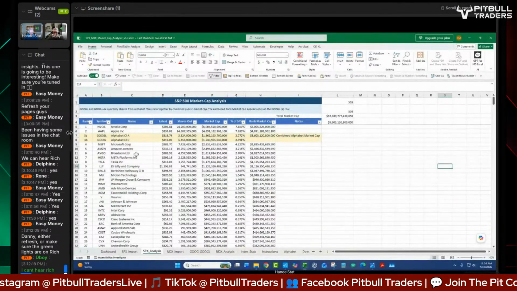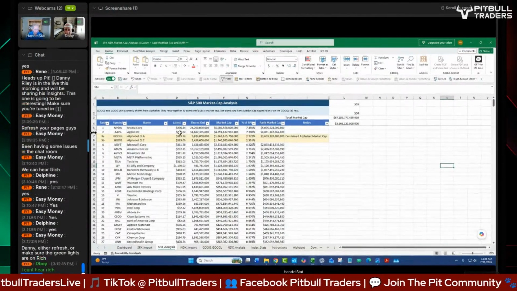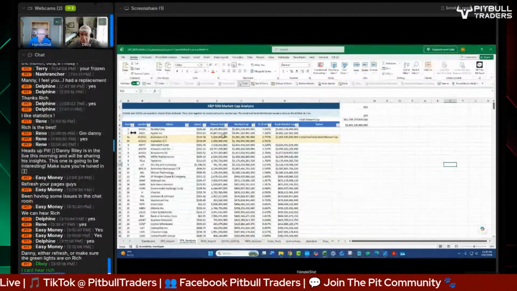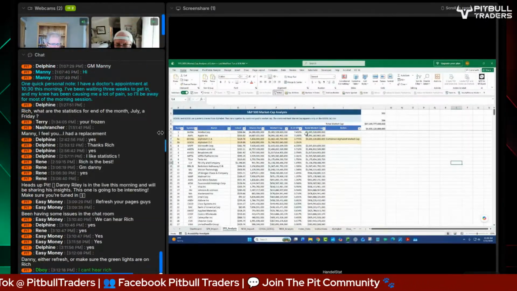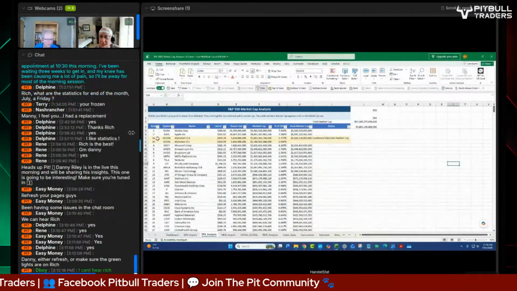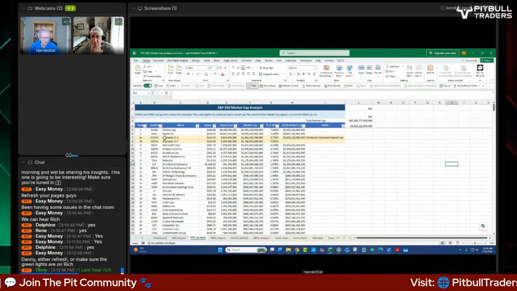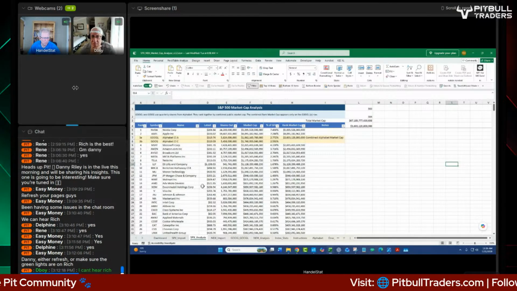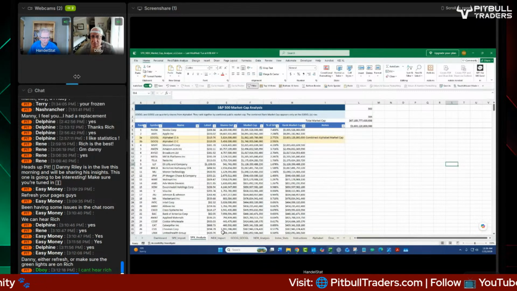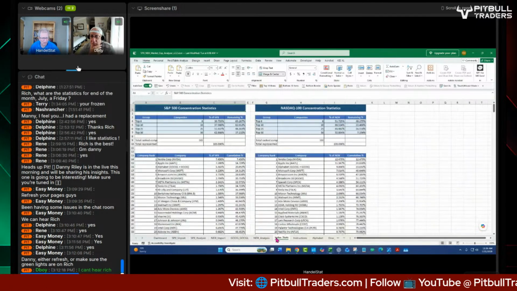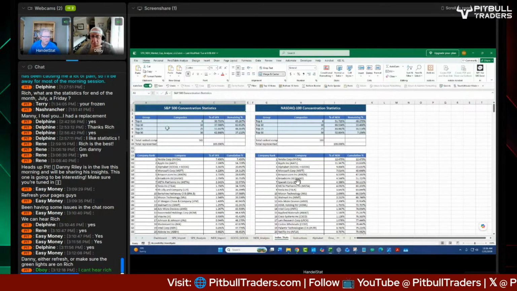Well, this just analyzes and tells what, based on the closing prices, what the market cap is of each company, what the rank is, who's the biggest. Here's Apple, and this week obviously all this is going to change because Apple went down a lot the other day. But it ranks all the companies, and then on the index stats page, here's the top 6 S&Ps.